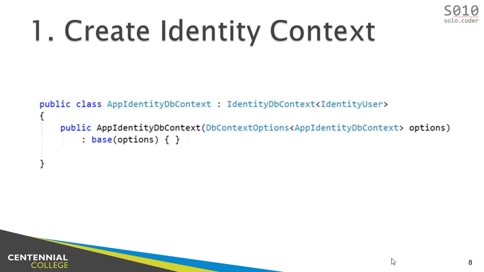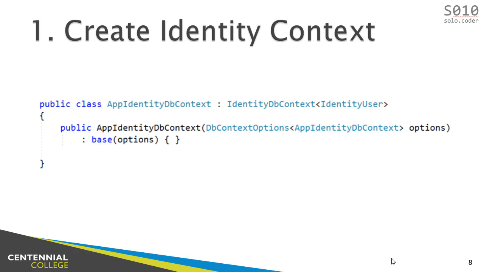So first, you created the bridge between the application and the database. This is very similar to the original DB context that you created to interact with the database. Now, again, we are dealing with a separate database, so that separate database will have its own address, its own context.